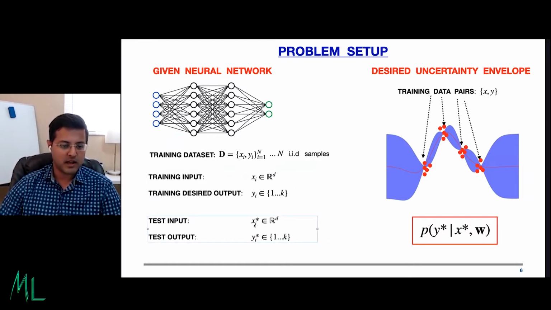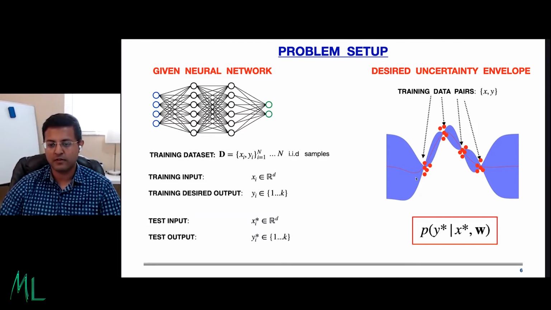Test input is defined by x star, and test output is defined by y star similarly. And our goal is to come up with an uncertainty envelope for a given trained neural network that behaves in this manner. You have training data pairs, and the model should logically be very confident around those training data pairs and lose confidence, or have high uncertainty, when it goes outside of those training data pairs.